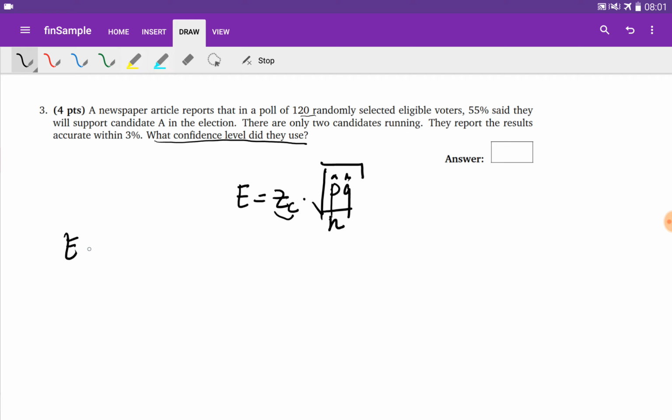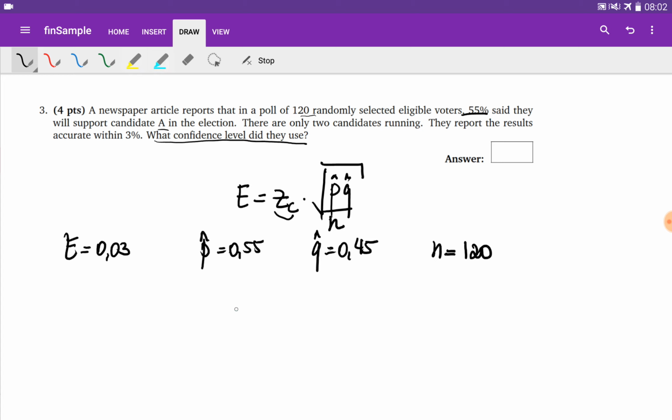We're given that the error margin is equal to 3%, it means 0.03. P hat is equal to 0.55, it means that the probability of people who are supporting candidate A is 55%. Q hat is equal to 0.45, n is equal to 120, and we just need to find this Z from here.